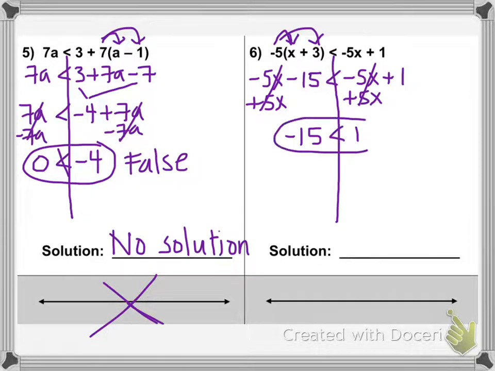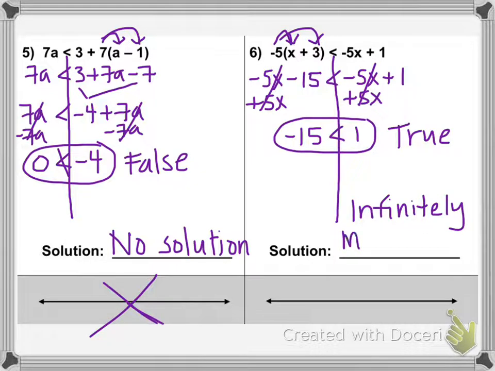So let's think about this. Is this true or false? Is negative 15 less than 1? It is true. So because it's true, that means, you guessed it, that we have infinitely many solutions, which means any value of x will make this inequality true.